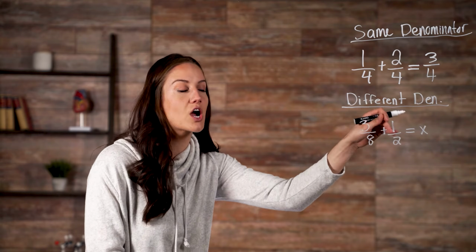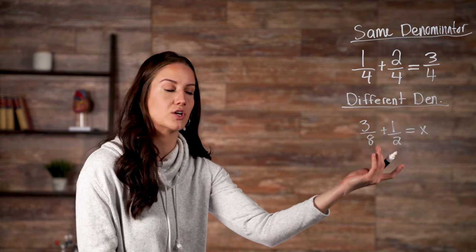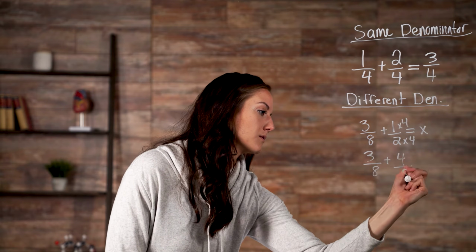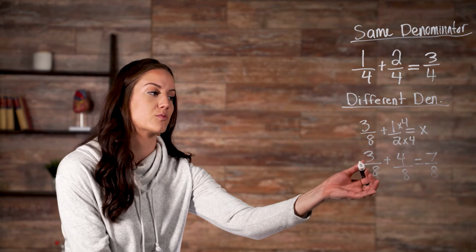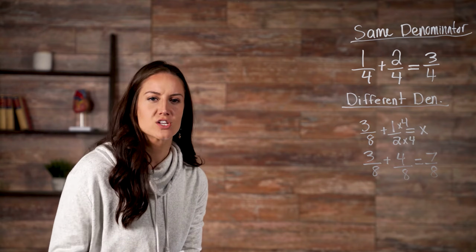But whatever we do to our denominator, we also have to do to our numerator. So that would look like this. So our equation now becomes 3/8 plus 4/8 equals 7/8.